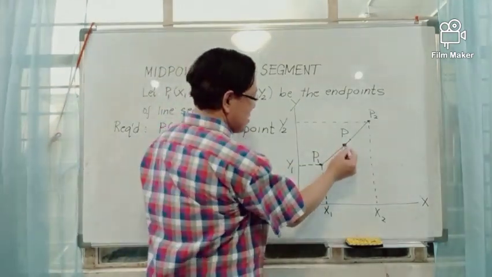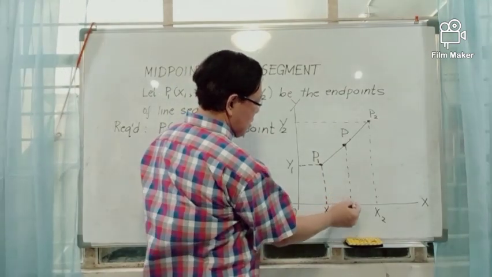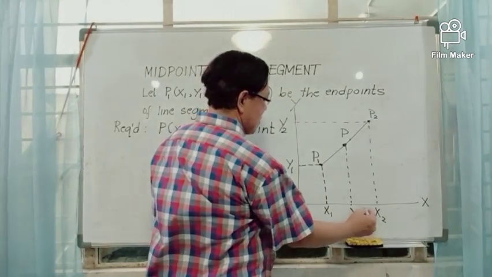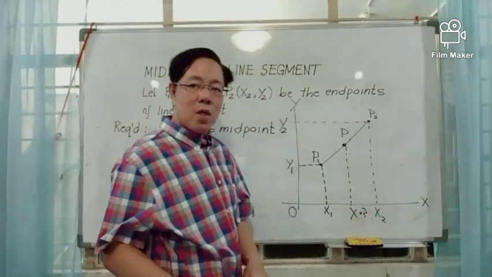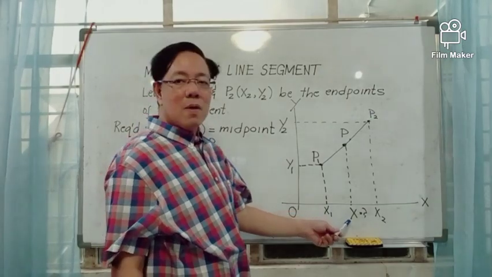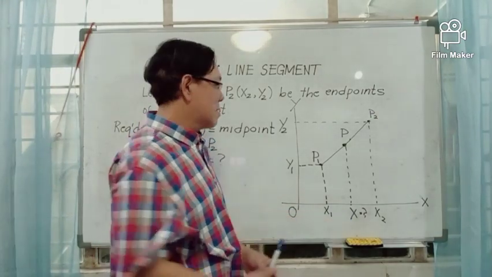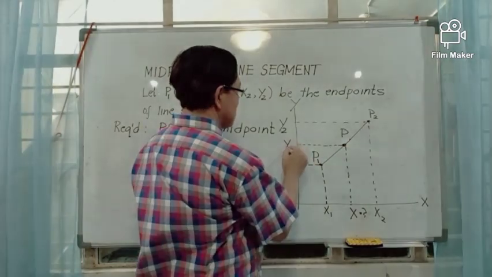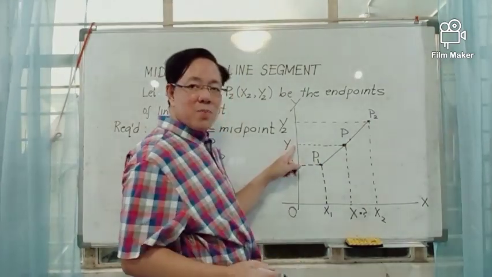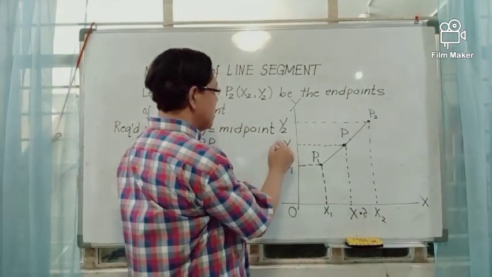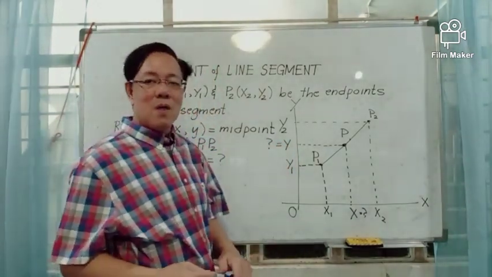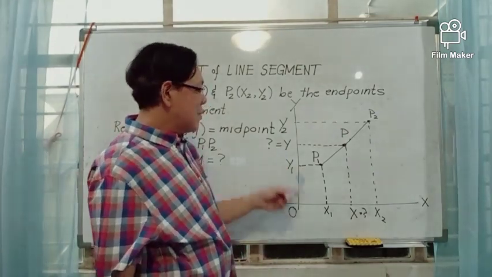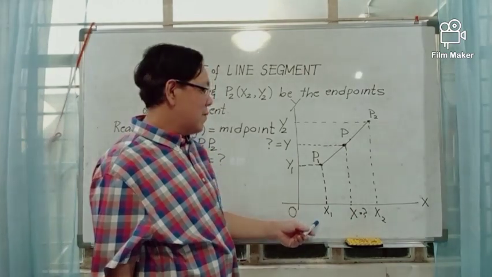We project this point P down to the horizontal axis, and this will be the abscissa of the midpoint of the line segment, and we will find the value of x. We also project P to the vertical axis. The value of y at this point is the ordinate of the midpoint, and we will also find the value of y. We find the values of x and y from the diagram.